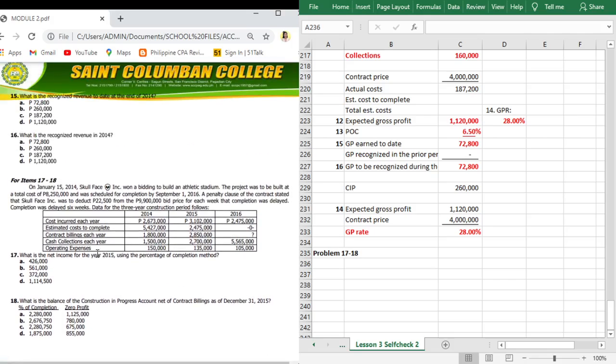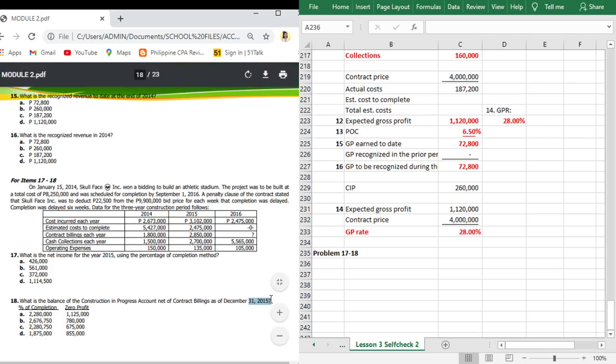Because the questions are 2015, mas maayon tatog tanan nga ko ano to take effect, para ma-take effect na to ang penalty clause. Okay, but anyways, let's answer the problem. What is the net income for the year 2015 using the percentage of completion method?